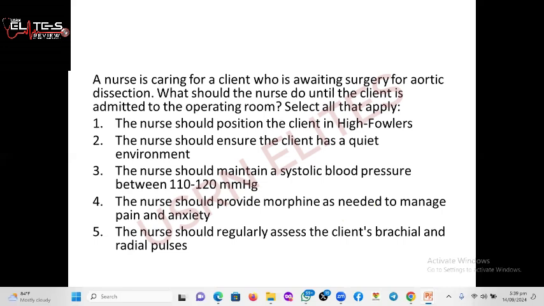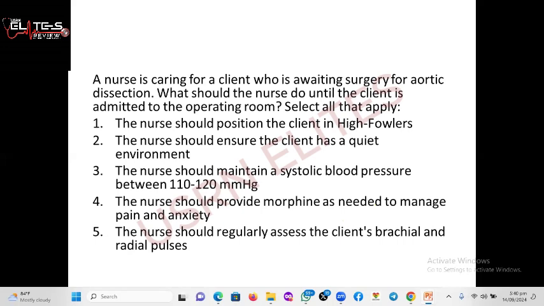And then I also said that if the question is asking you about an ascending aorta getting affected, or ascending aortic aneurysm, and they are asking you which pulses are going to be affected in a patient with ascending aortic aneurysm, then you look out for the upper extremity pulses, where I did mention the temporal artery. Then you have the temporal pulse affected. You have the carotid artery there.